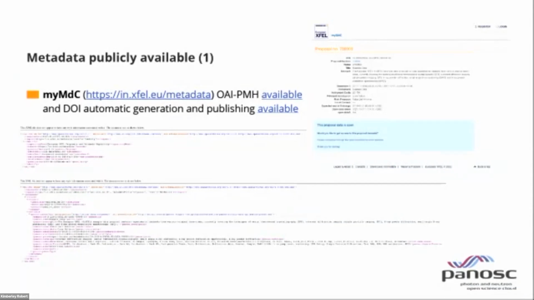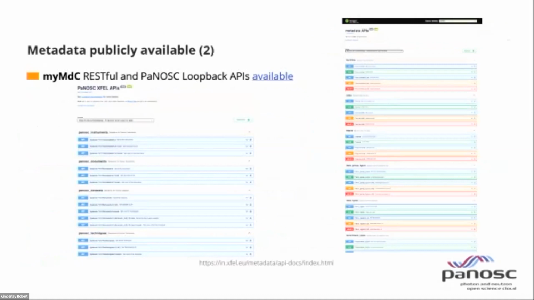All our proposals that are not under embargo are available to everybody having an account. We also select a final list of proposals that we make worldwide public using the OAI-PMH implementation from Work Package 3 and the DOI. Besides that, we have our metadata catalog exposed to all the models using the RESTful API, and we implement the LoopBack definition from Work Package 3 that is then used on the data portal.